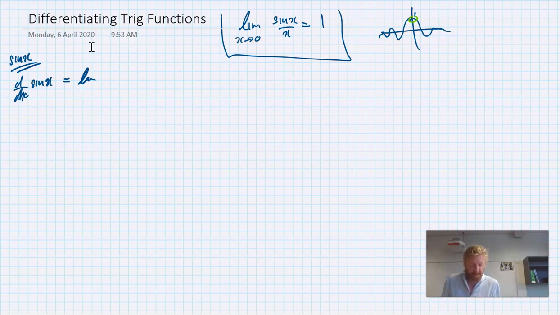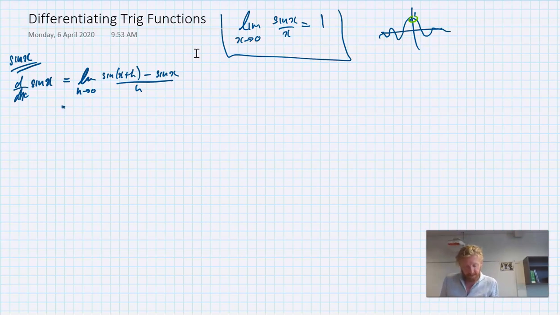H is that small bit, remember, I could use delta x. The limit as h approaches 0 of f of x plus h, which is sine x plus h, minus f of x, which is sine x, all divided by h. If I sub h as 0 in, I get 0 on the denominator, so I'm going to have to do some squidging.